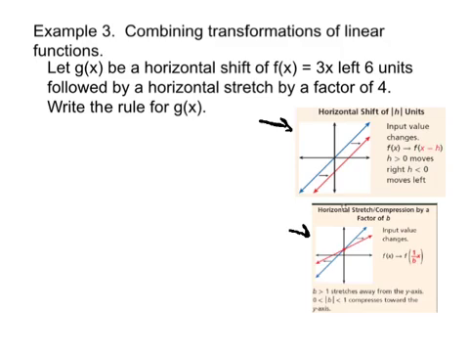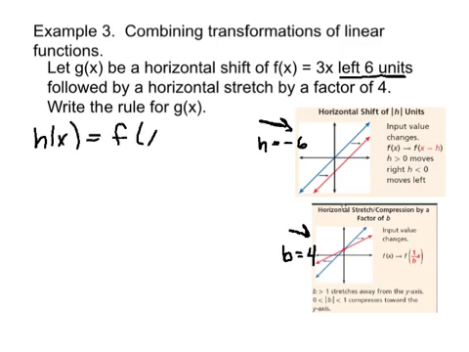With this first one, we're going left 6 units, so h equals -6 because we're moving left. Horizontal stretch by a factor of 4, b equals 4. So our temporary function, h of x, equals f of x minus a -6. So h of x equals f of x plus 6.